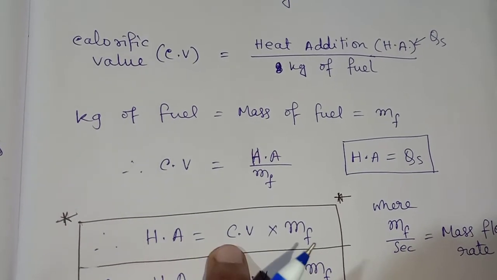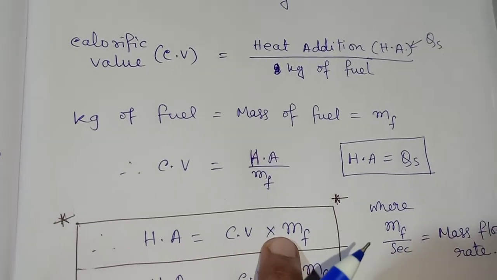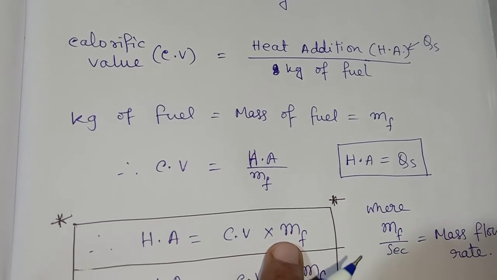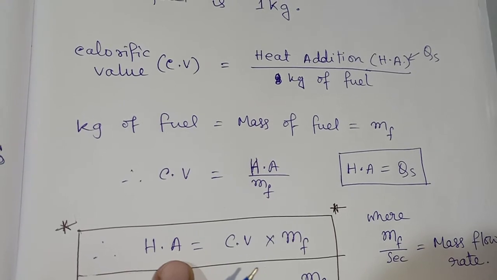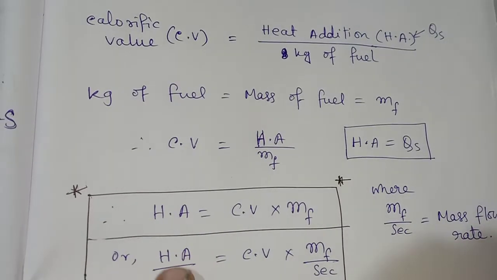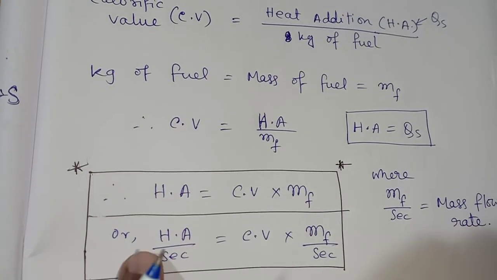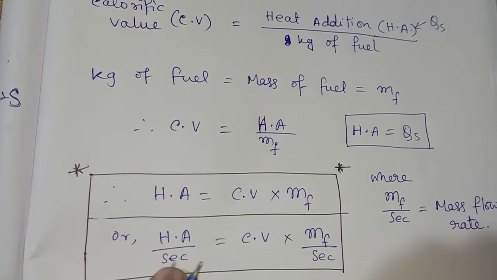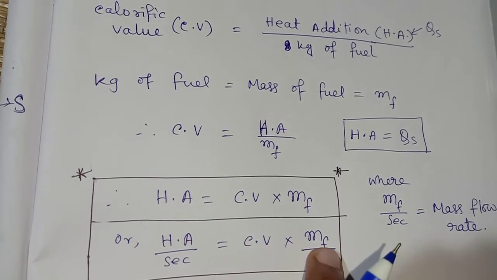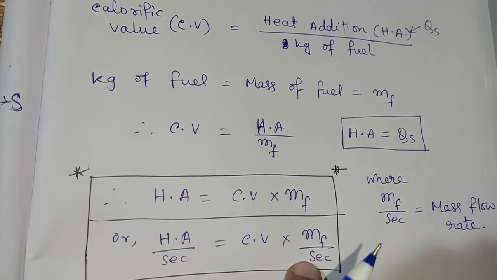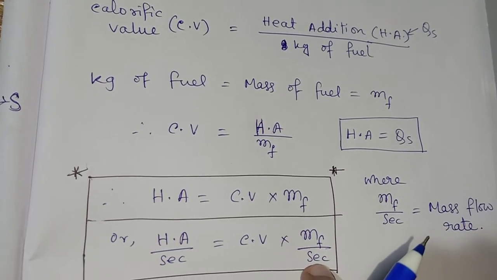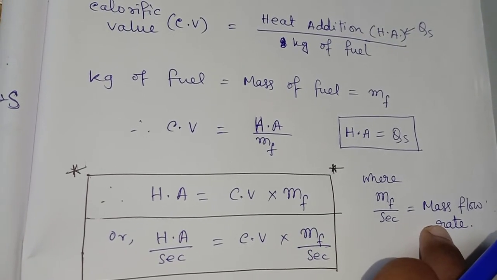Heat supplied is equal to calorific value into mass of fuel. If I divide by time both sides, then heat addition per second is equal to CV into mf, or mass of fuel per second. Now mf per second is equal to mass flow rate.